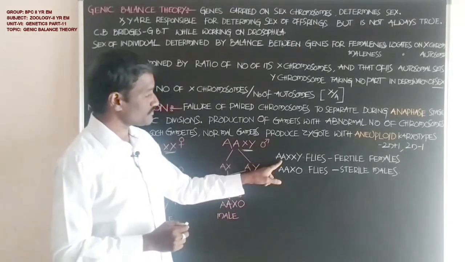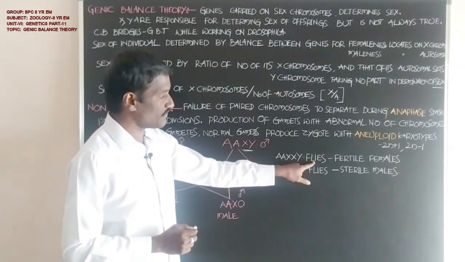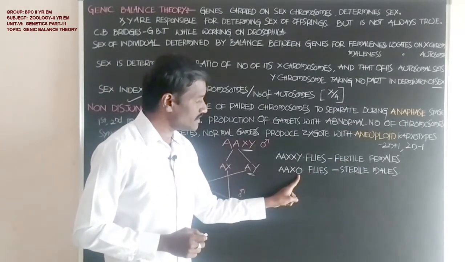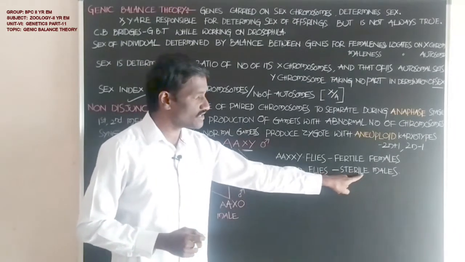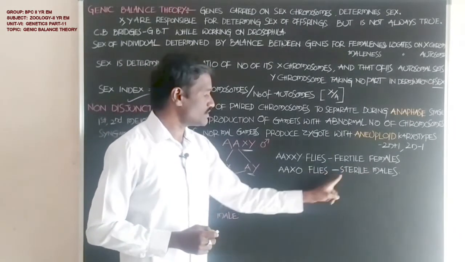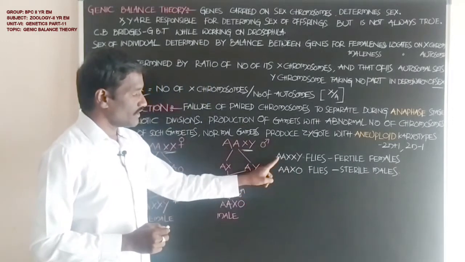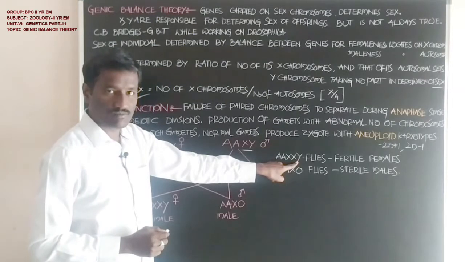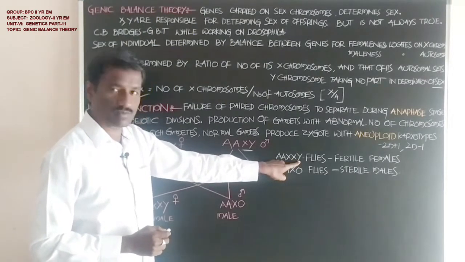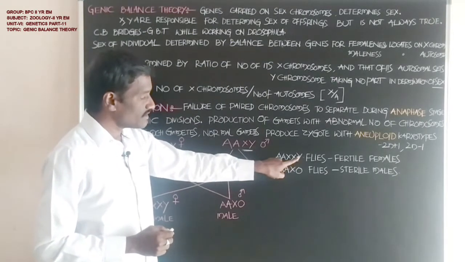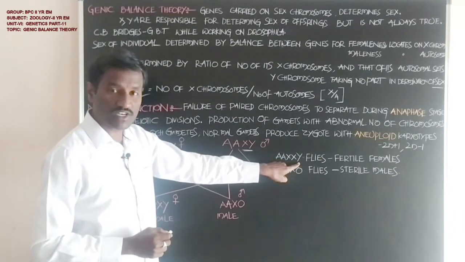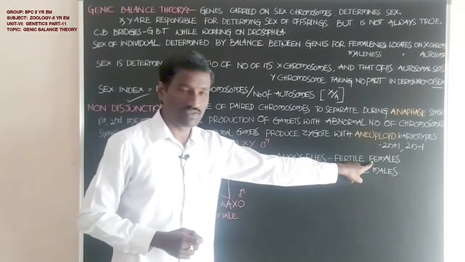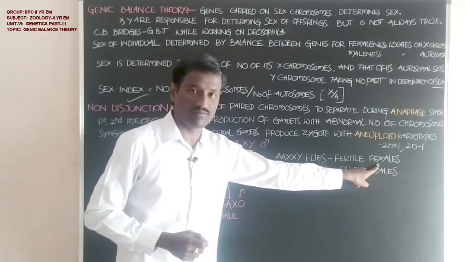In this, student, AAXXY flies develop into fertile females. AAX0 flies develop into sterile males. Okay, student, if you observe the AAXXY offspring, this contains a Y chromosome in its karyotype, but it does not develop into a male. It develops into a fertile female.